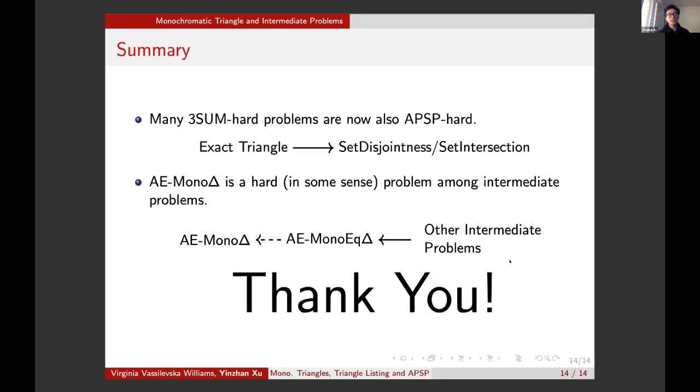I think our reduction works. You can vary the sizes of each part of the vertex set, but the density of edges on all three parts must be the same. So the edge density between A and B, B and C, and C and A must be the same.